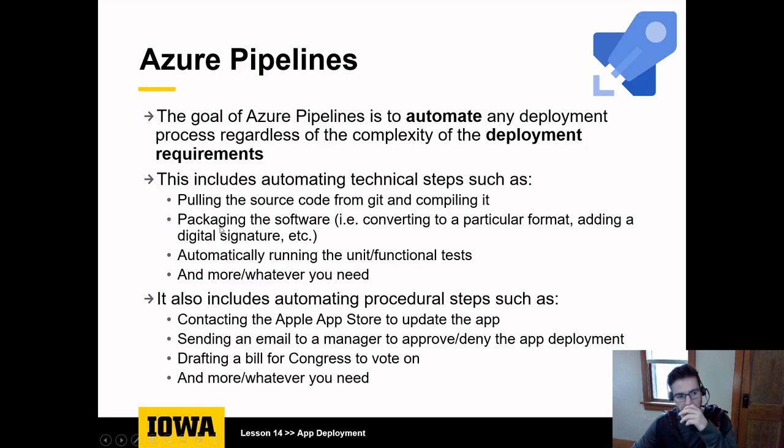Okay, so what that might look like in an Azure pipeline is that you have a series of steps, and the first step might be pulling the source code from a Git repository and compiling it to an intermediate language, right? If you're working in C#. And then the next step might be packaging the software into a particular format, maybe digitally signing the software, and so on. And then maybe automatically running all the unit tests and all the functional tests and verifying that all of them pass, right?